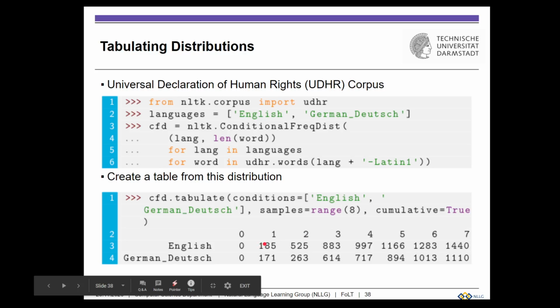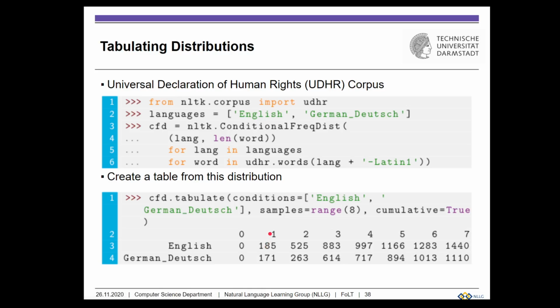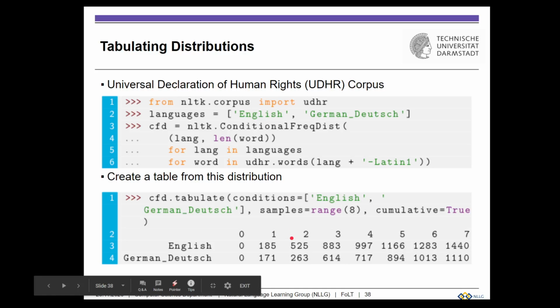Because cumulative means you just add up everything, all the events which are less than or equal to the number. Okay, good. So let's again make an illustration. In English, there are 1283 words which have length less than or equal to 6, and in German there are 1030 such words.